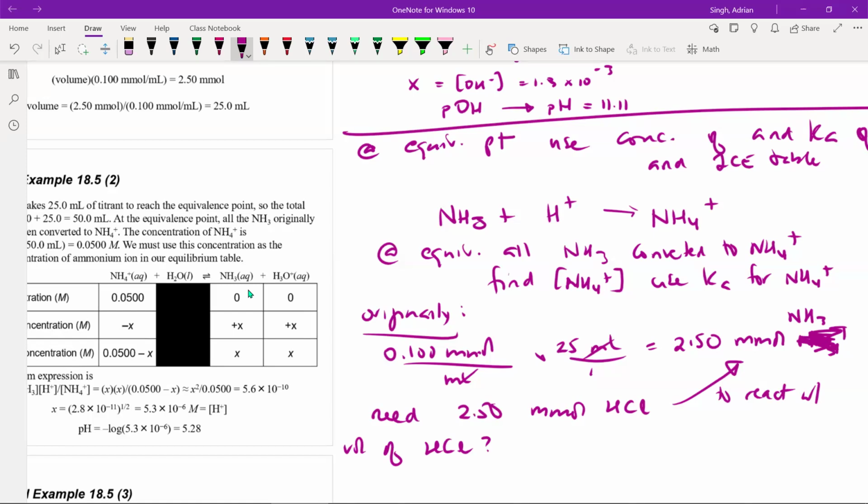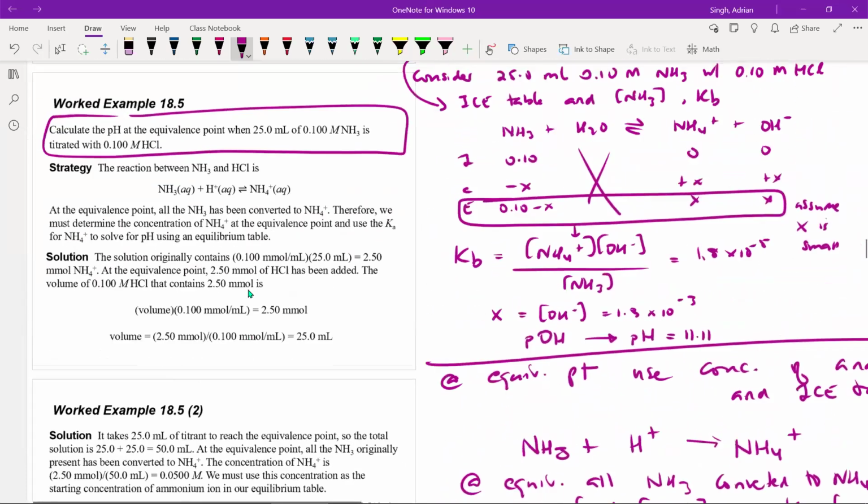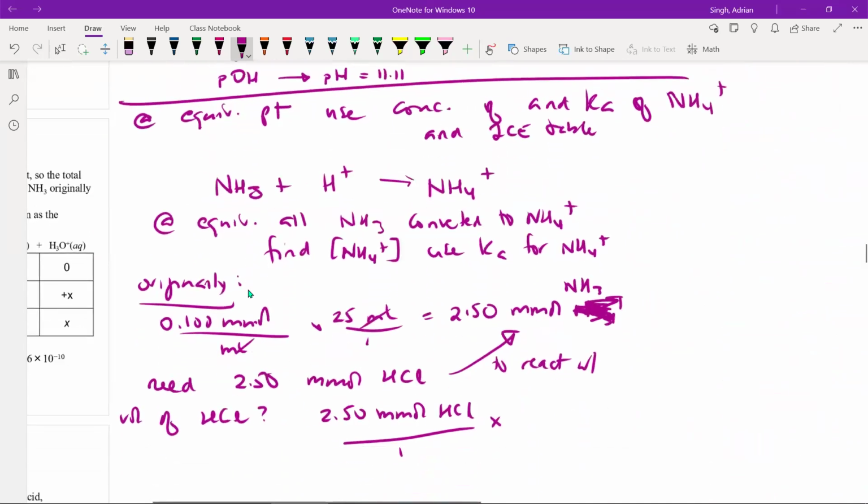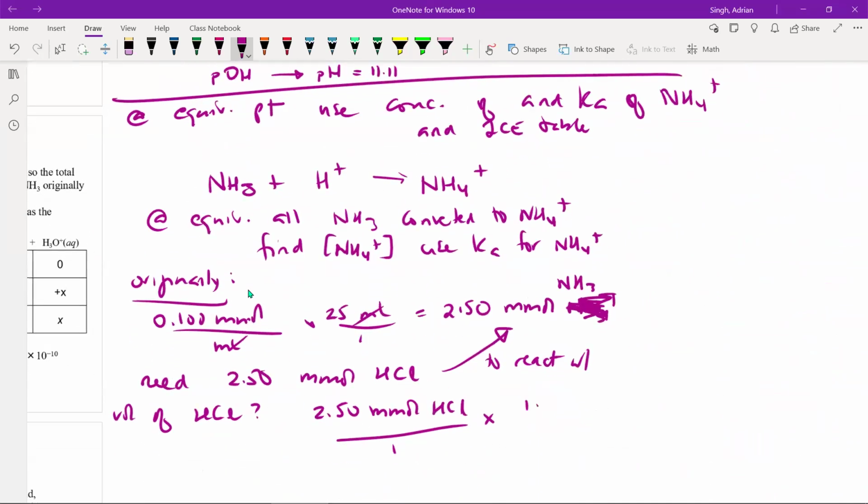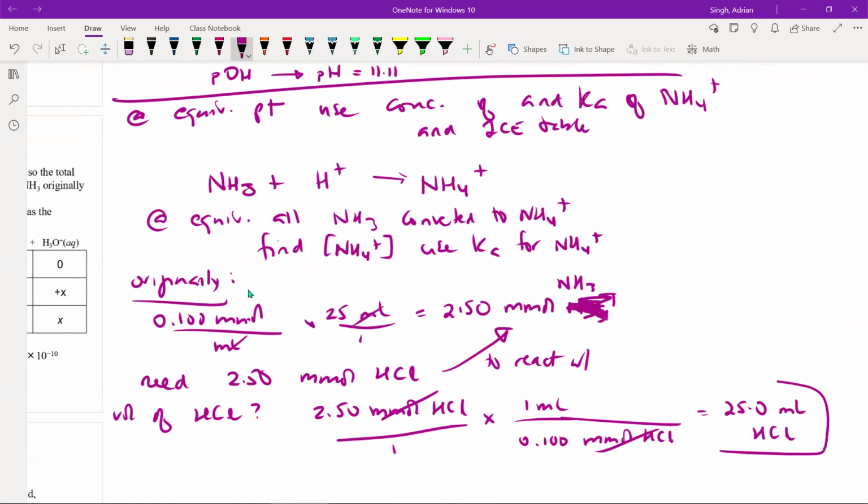So the volume would be equal to the 2.50 millimoles of the HCl, and the concentration of the HCl was 0.10 molar, right? So that's 0.100 millimole per mL. We just flipped it as a conversion factor. So we end up with 25.0 mL of the HCl that's needed. It takes this much to react to get to the equivalence point.